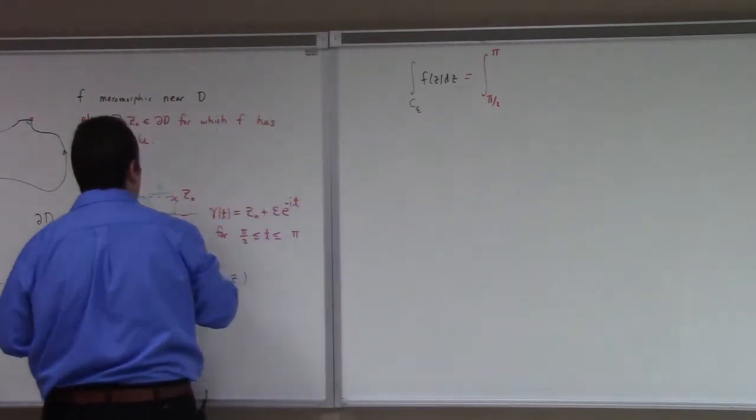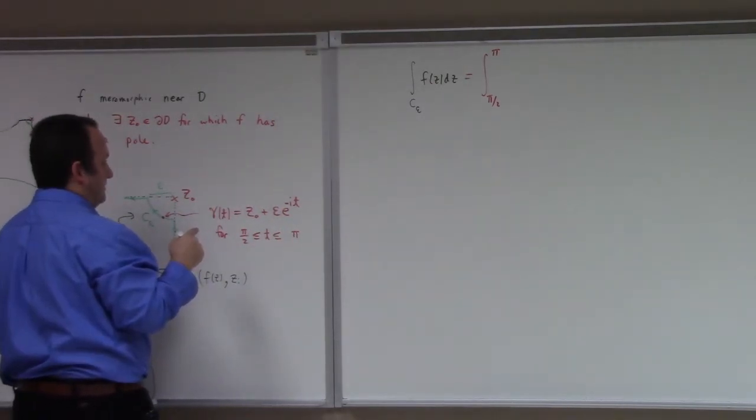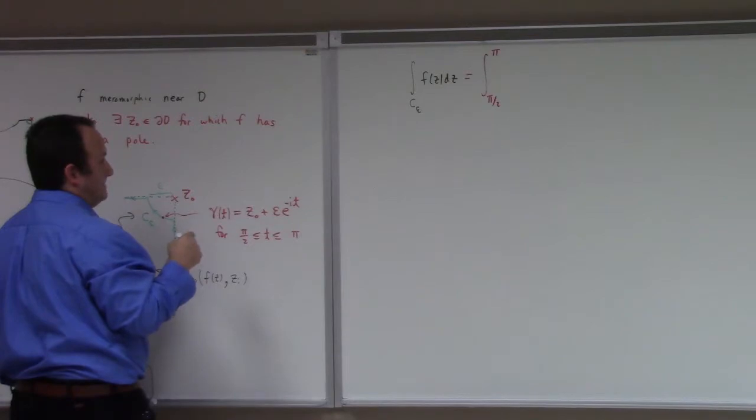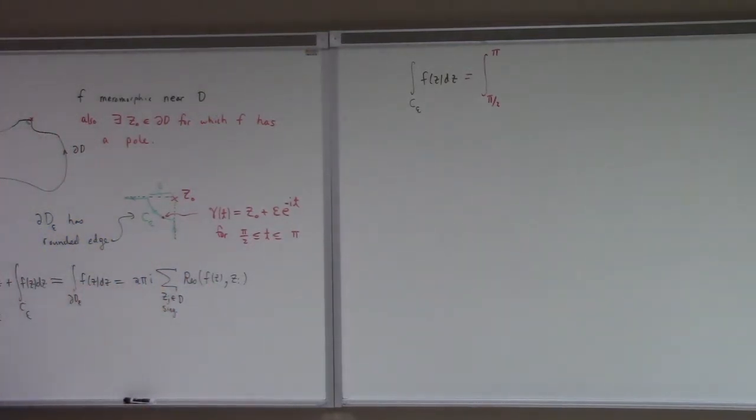And the other thing is, I only want to look at the part of f which is singular, because I know that the other part of f, which is non-singular, just integrates to 0 around the entirety of the curve. So I don't really care about that piece. So I want to focus my attention on the part of f which is going to give a non-trivial integral. In particular, the piece of f which is the residue, right?